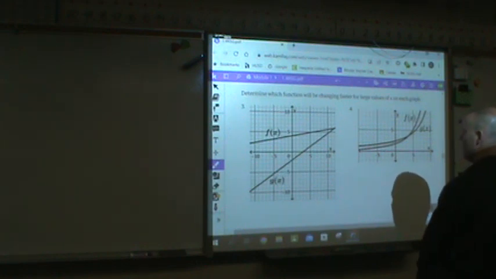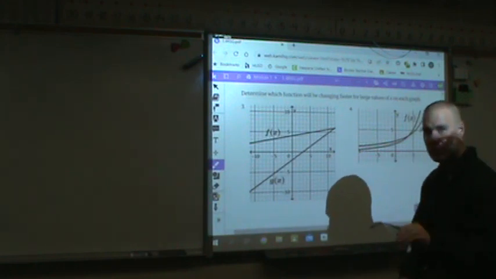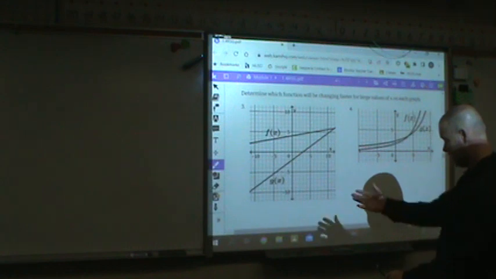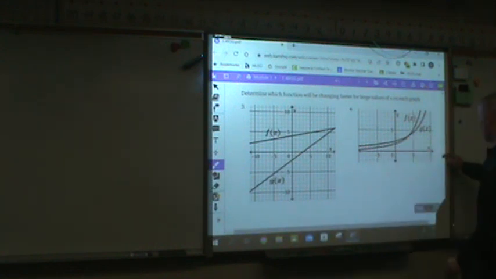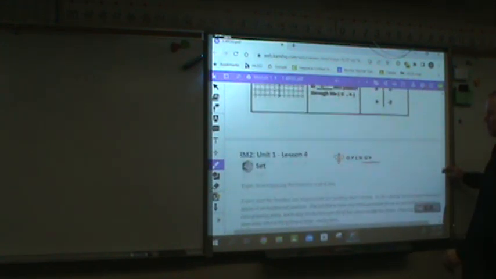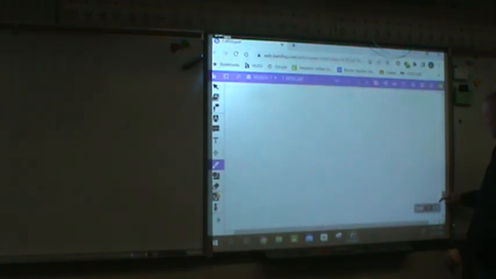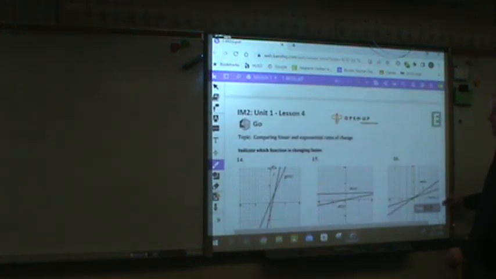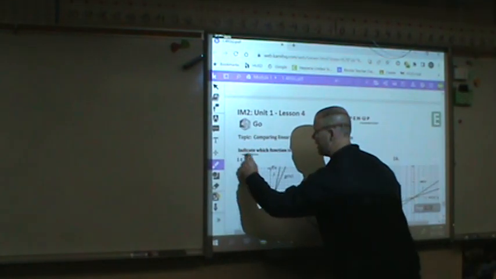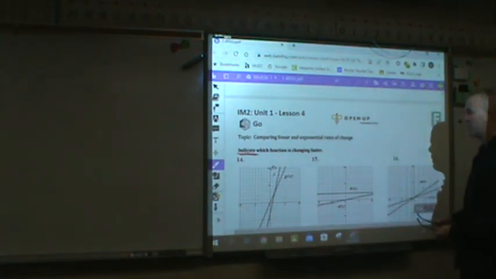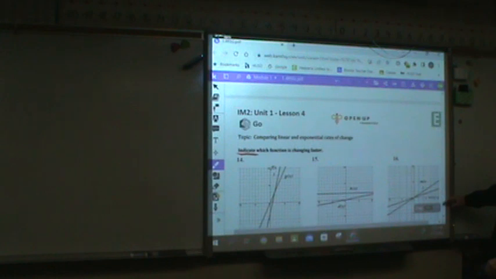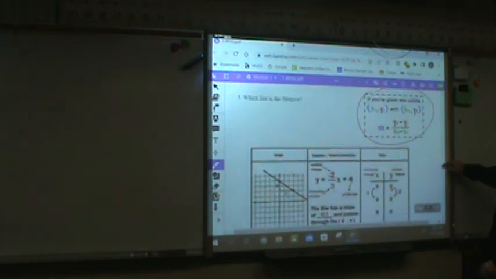Most of you hopefully are saying g of x, and you're absolutely right. My question to you is, how are you going to indicate that? These directions don't say, but down here in the go, it says indicate which function is increasing at a faster rate. So how are you going to indicate that?